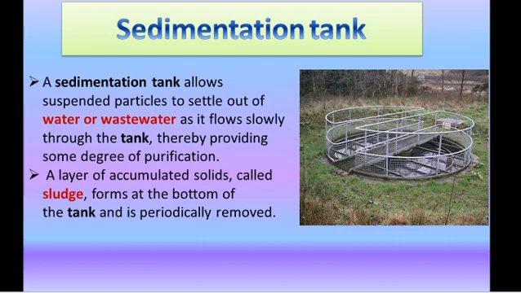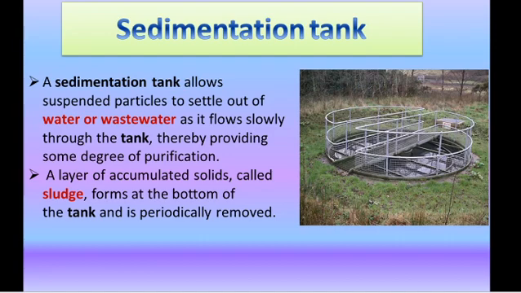Sedimentation tank. The water is allowed into the sedimentation tank and made to stand for some time. During that time, the many insoluble substances present in the water start settling down.